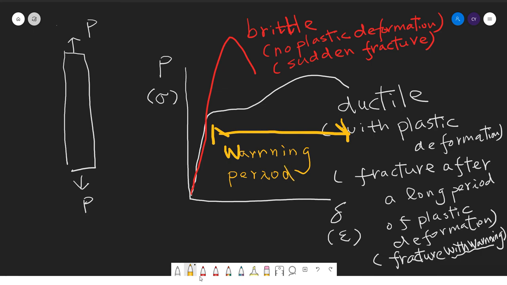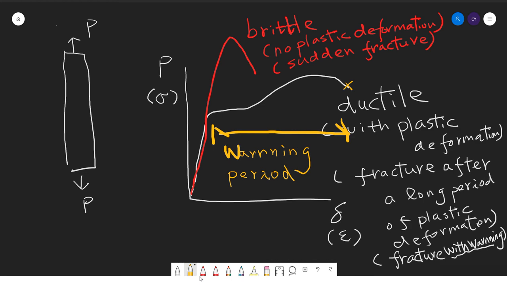What is warning? Because you will have warning before fracture, you have enough time to escape. If the building has a very big deformation, you can run away before collapse.